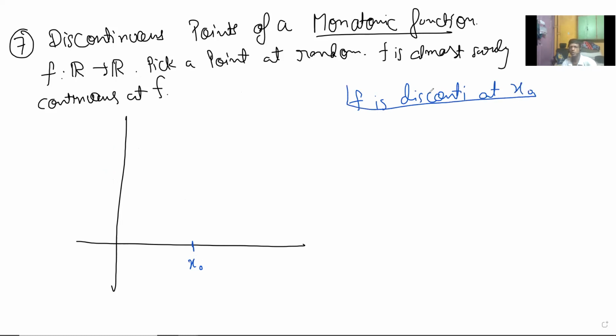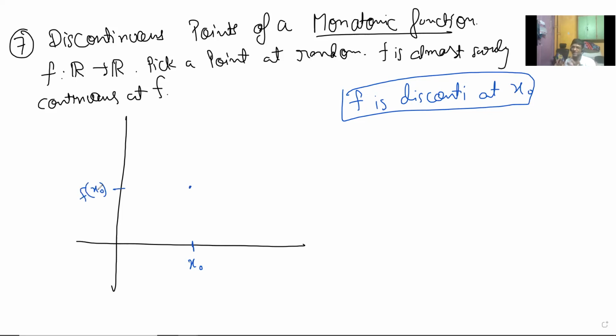Then what can the situation be around x naught using monotonicity? So let's say it's x naught. This is f of x naught, which is obviously in the range. Monotonic. So what kind of discontinuity can it be? What's the first guess? And try to prove that then.